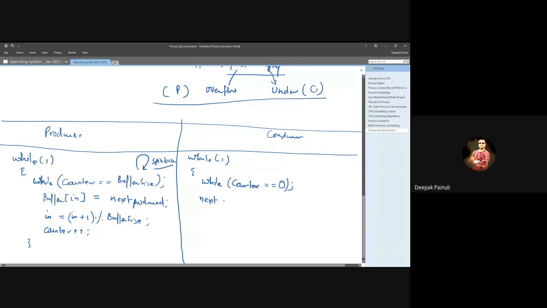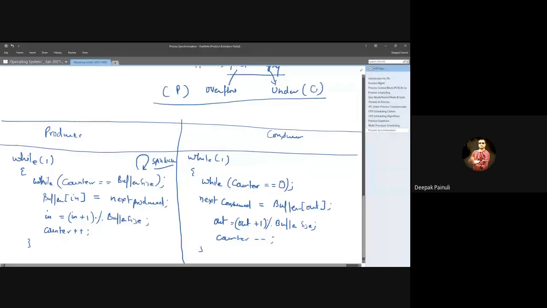Next consumed equals buffer[out], and out equals (out plus 1) modulo buffer size, and counter minus minus.